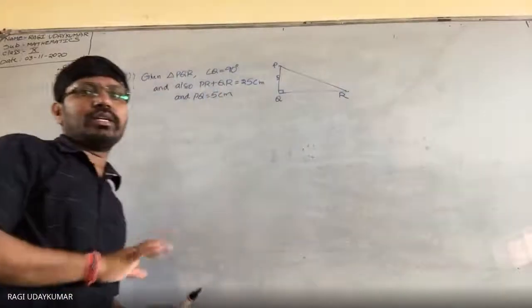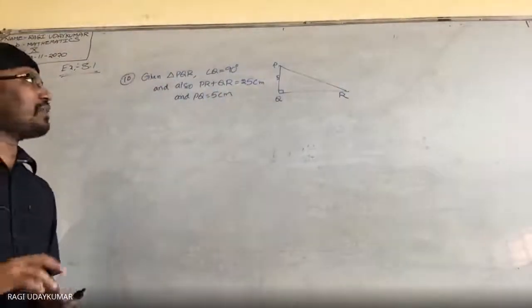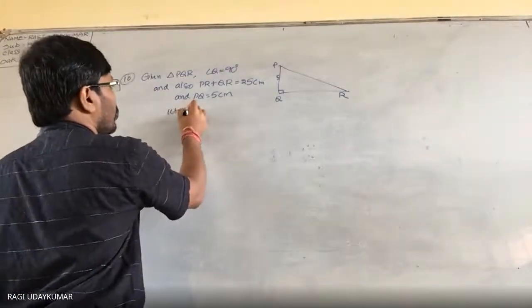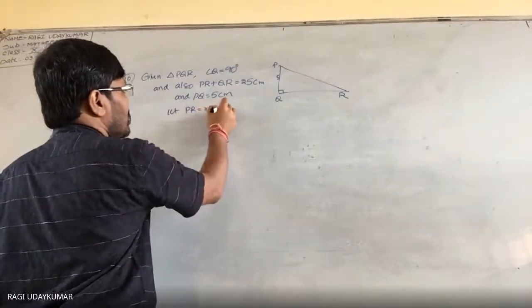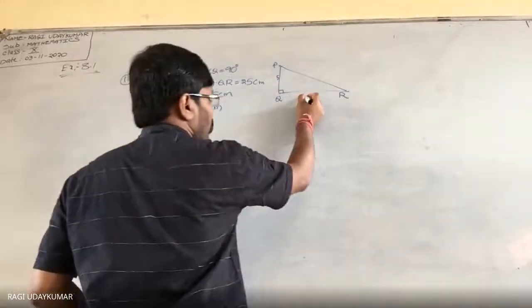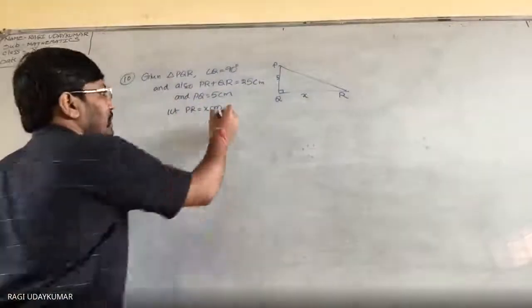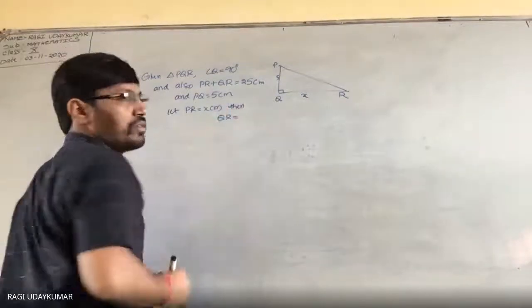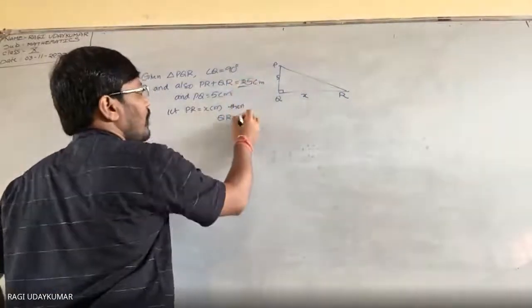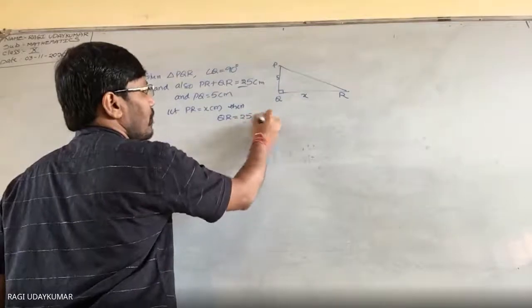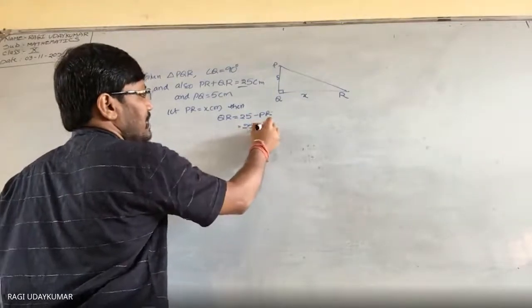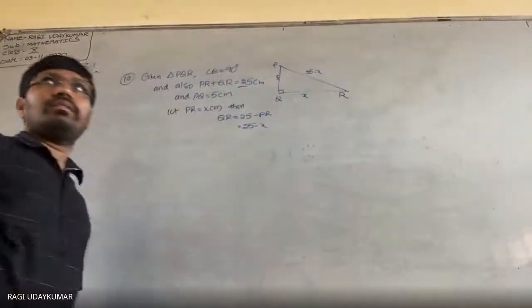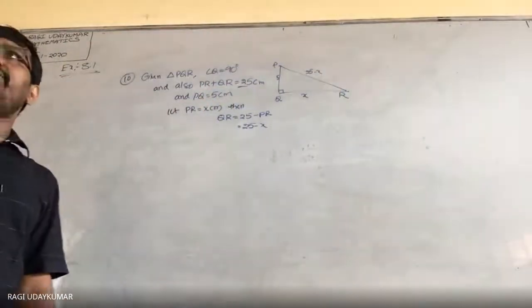So here you can write, let PR is equal to x centimeters. Then QR is equal to, from here, 25 minus PR, that is nothing but 25 minus x.